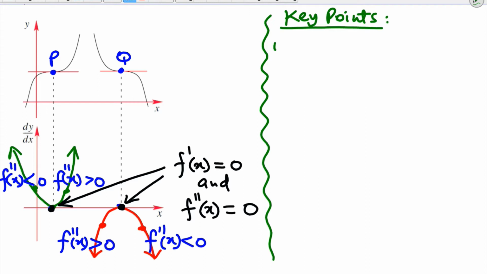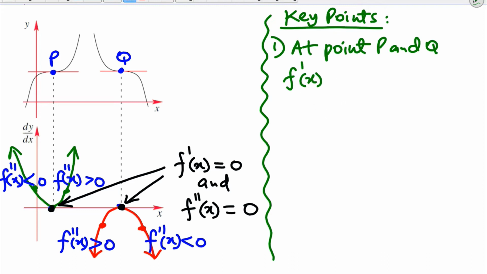One, we can say that at points P and Q, the first derivative is equal to 0 and the second derivative is equal to 0.